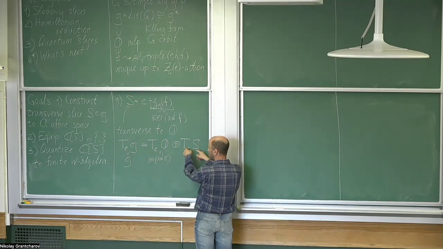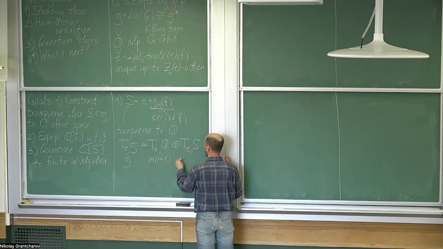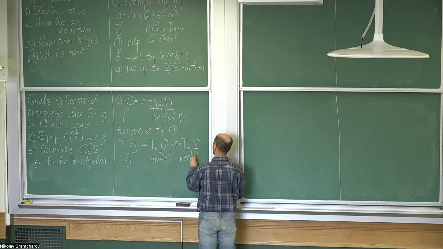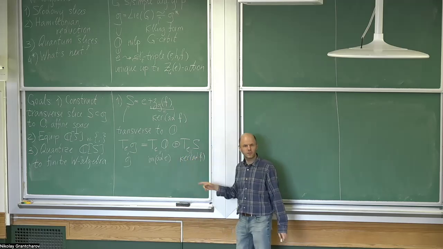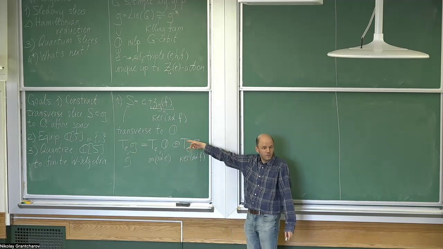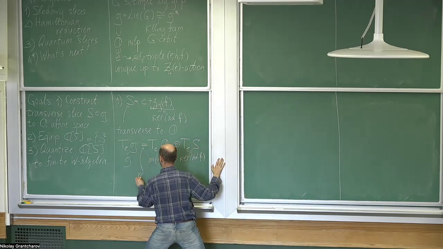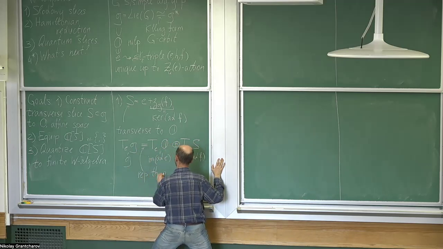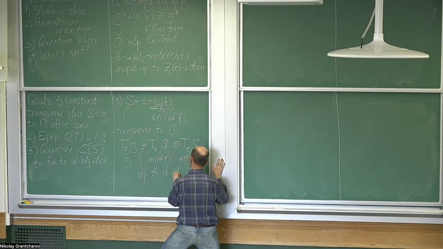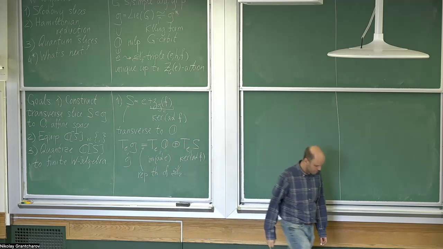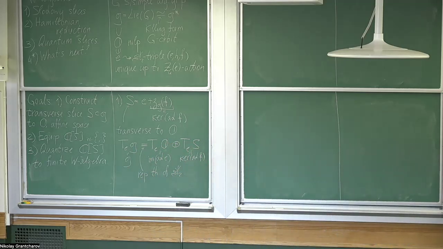And by the very definition, the tangent space to S is the kernel of ad f. Well, then this equality is a classical fact from the representation theory of SL2. So this first part is just the representation theory of SL2, nothing else.